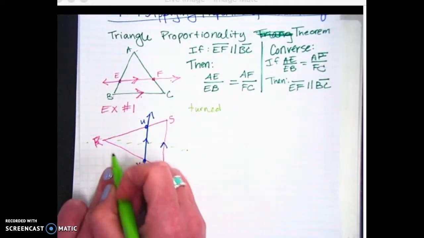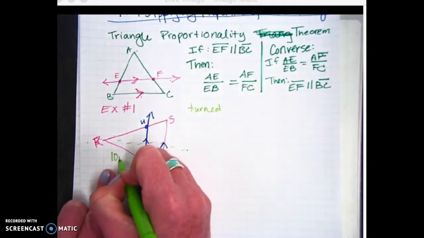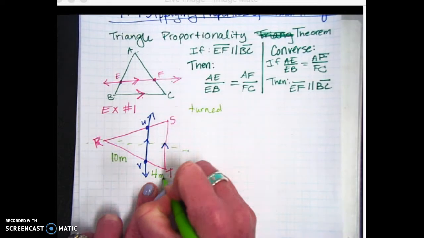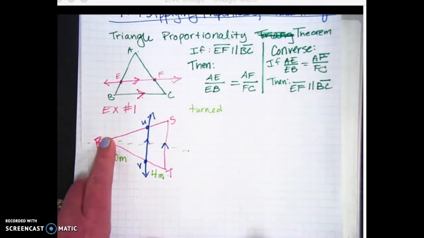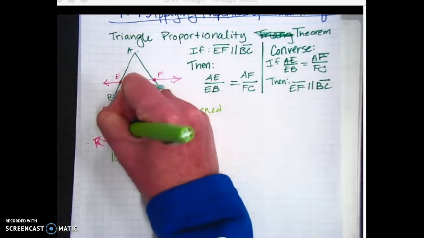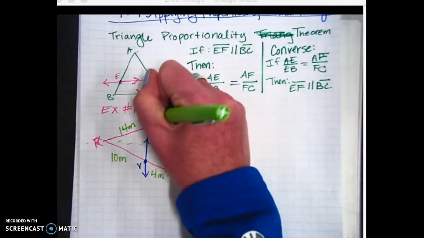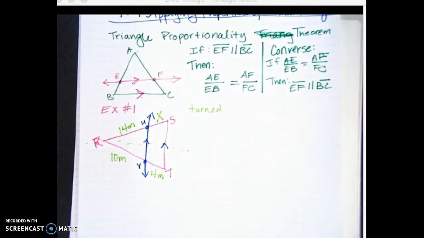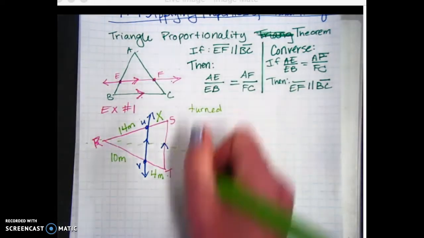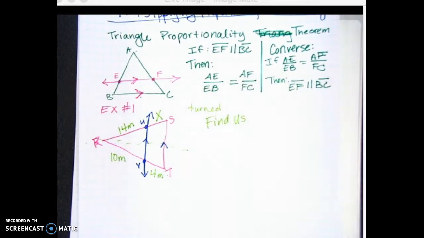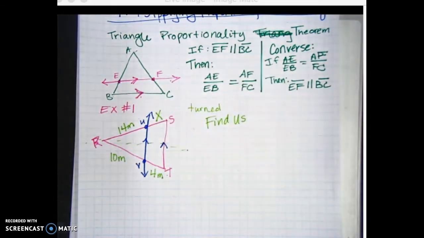So let's do the RV is going to be 10 meters. The VT is going to be 4 meters. The RU is going to be 14 meters. And US, we'll put an X there. You might see a question mark, or it might just say, find US, and it'll be blank. And then you just fill in the variable that you like, okay?